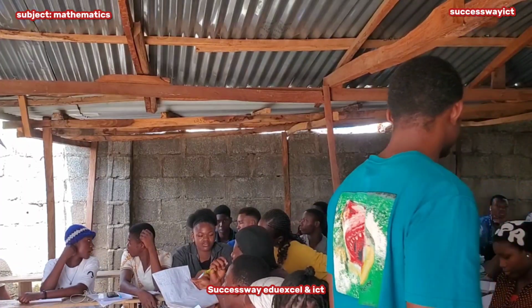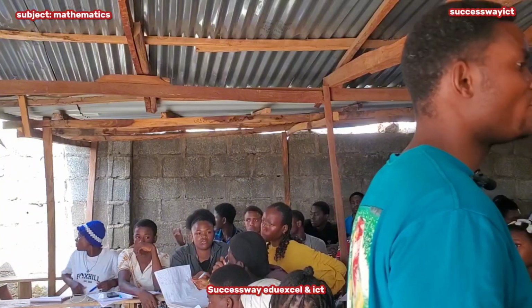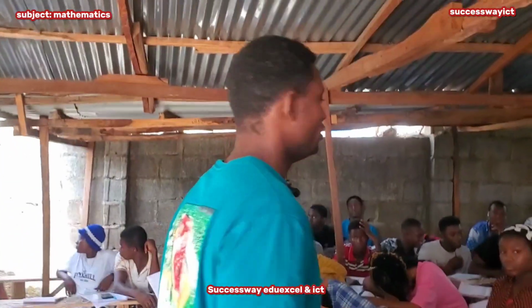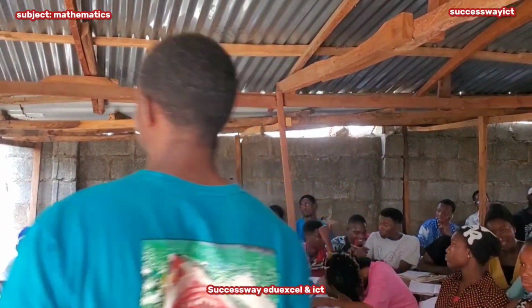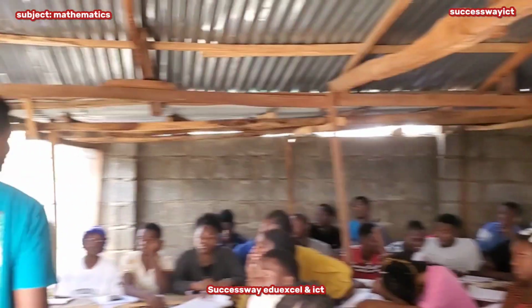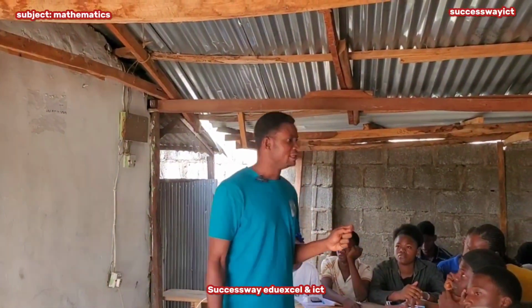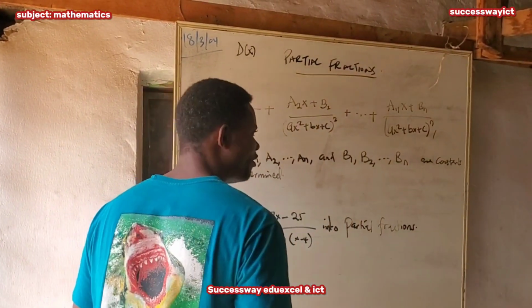What is the form of the denominator? Is it linear? Is it quadratic? Is it a polynomial expression? You first of all identify the form of the denominator.